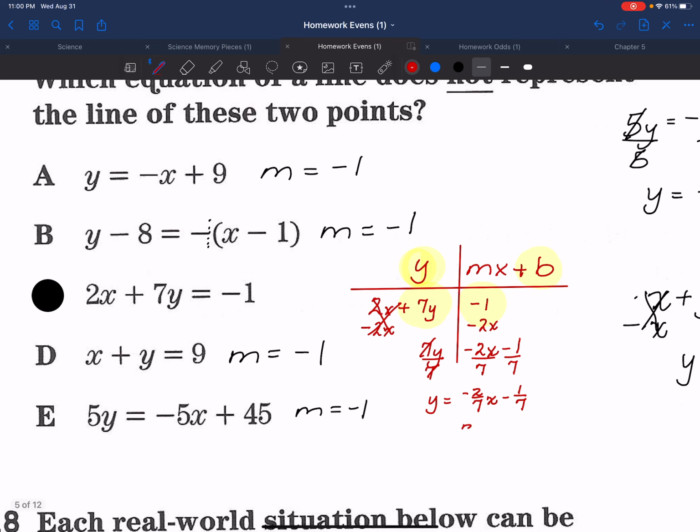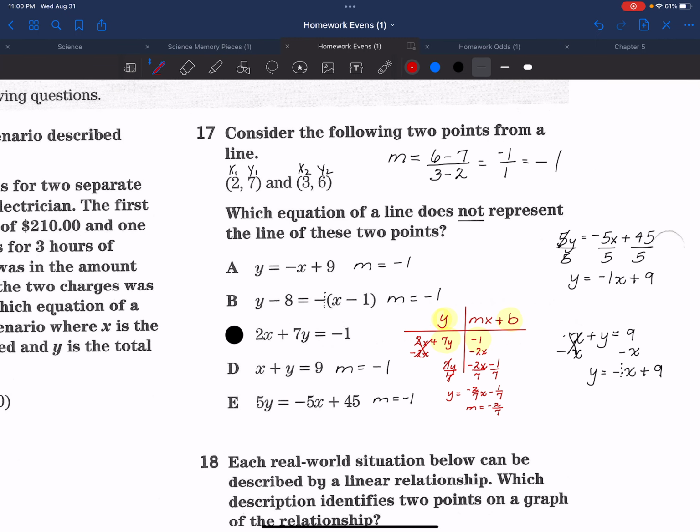And that slope is not like the others. So that's the oddball one. Again, I would not go through that. I would just get the 4 that we know to be negative 1, and then we'll know it has to be C.